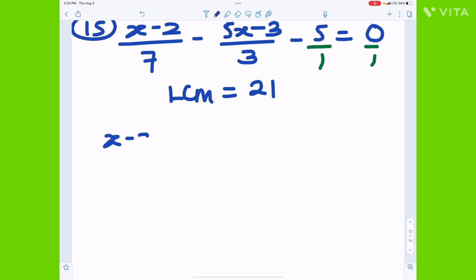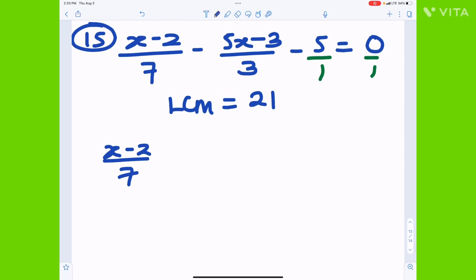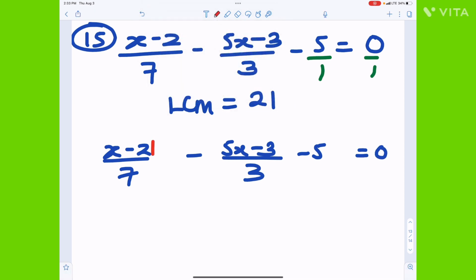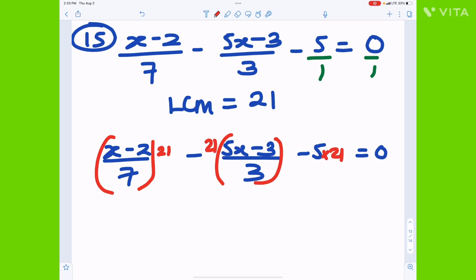You get x minus 2 over 7 minus 5x minus 3 over 3 minus 5 is 0. So you multiply this by what? 21. Multiply this by 21. Multiply this by 21.